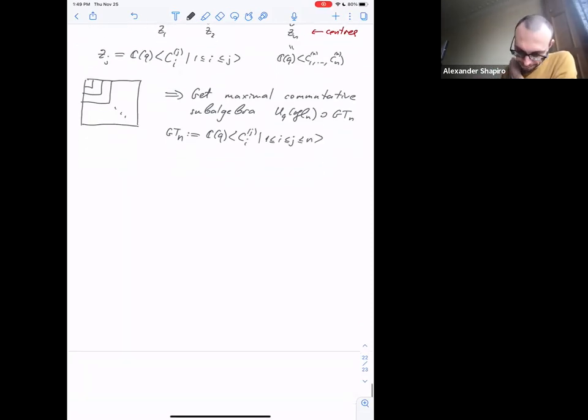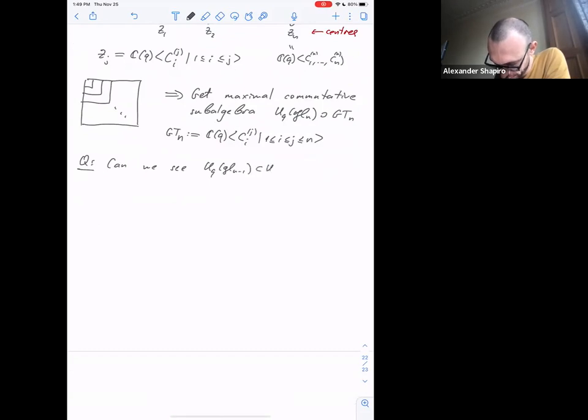Right, and now we can again ask a question. Can we see UqGL(n-1) inside UqGLn in a cluster way, or from clusters? And the answer is, actually, yes, we can.